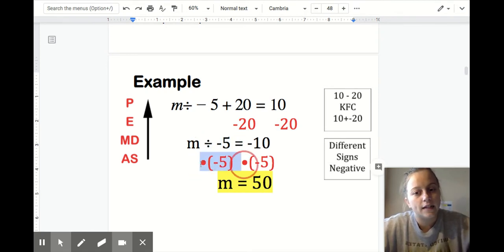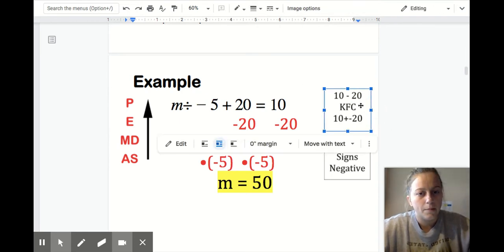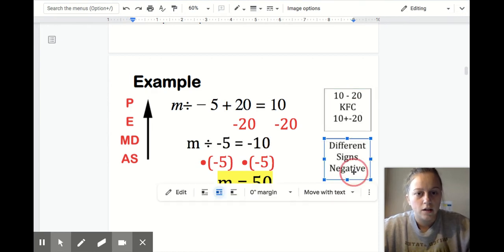So I do the opposite and I times by -5 on both sides to get my final answer of m equaling 50. Over here in these boxes, I showed my math, 10 minus 20. That's really 10 plus -20. Here, different signs, -10 times -5 gives me a positive 50.